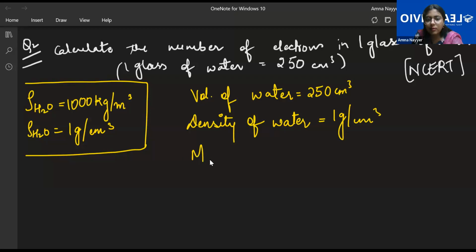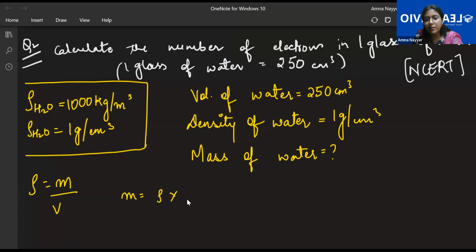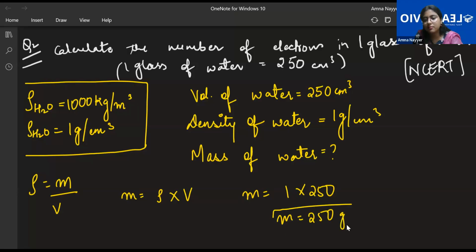Now, if I want to calculate the mass of water, what will be the mass of water? The density is equal to mass by volume. So mass will be density multiplied by volume. So mass will be density 1 into volume 250. So mass becomes 250 grams. Right? So I've got the mass.